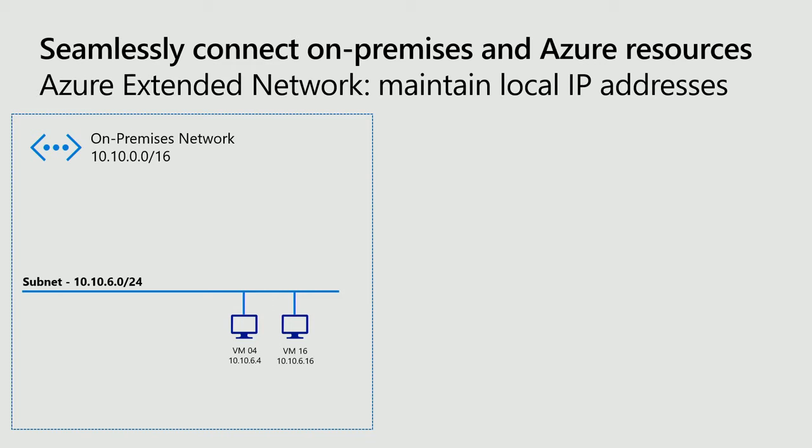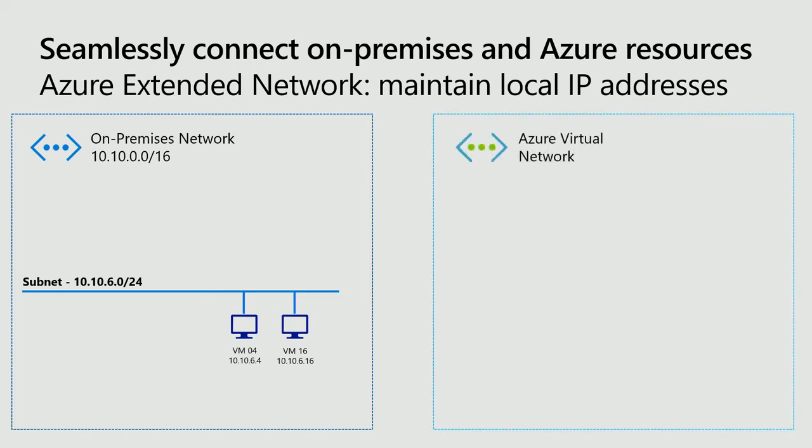We don't want that. So what we have now is with Azure Extended Network, you can maintain your local IP address. So what we do here is you're essentially taking your VM, you're moving it into the cloud, and it becomes an Azure VM. But again, it's on a different network. We don't want you to break this. We don't want to have an app compat problem. So we create this Azure Extended Network.